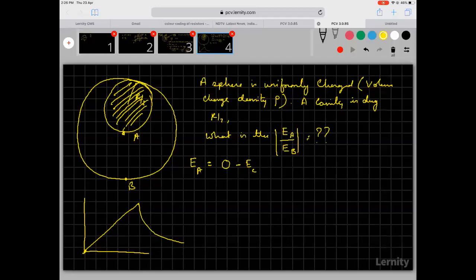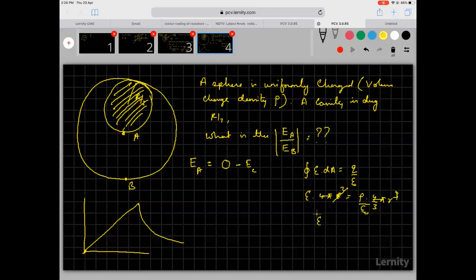So for the spherical cavity on its surface, if I apply Gauss law, E dot dA is equal to Q by epsilon naught. So E into 4 pi R squared is equal to rho into 4 by 3 pi R cubed by epsilon naught. The 4 pi gets cancelled, R squared gets cancelled.